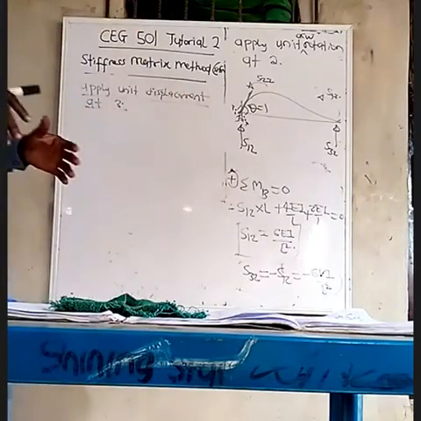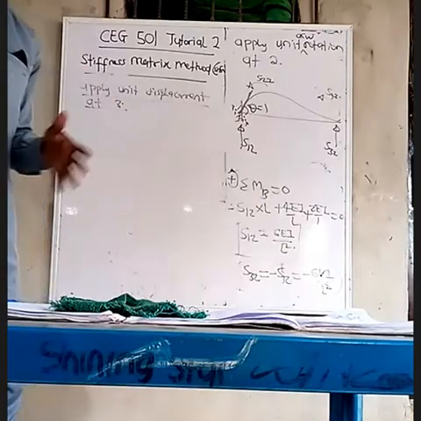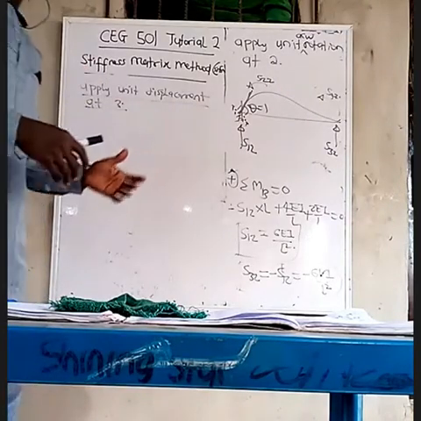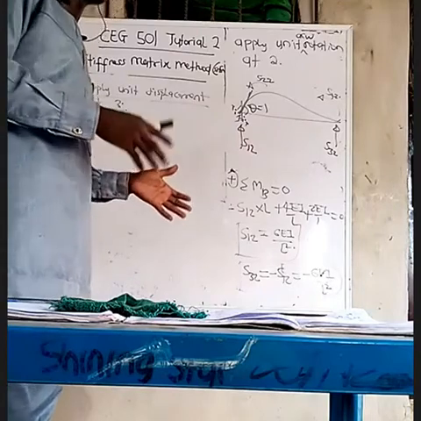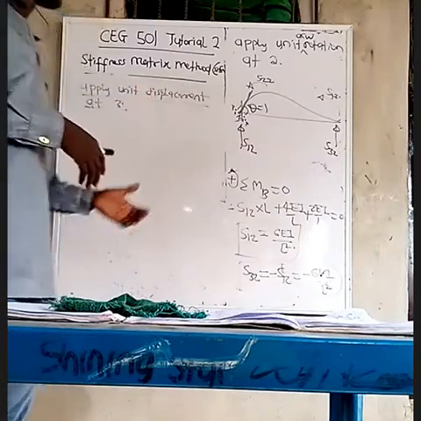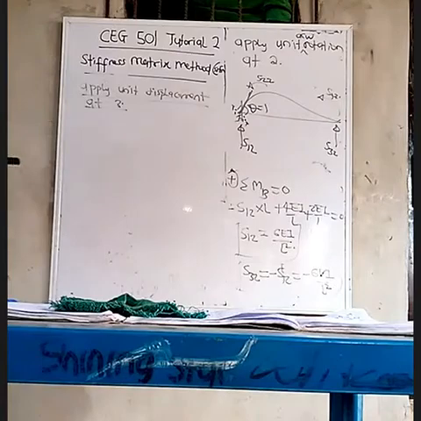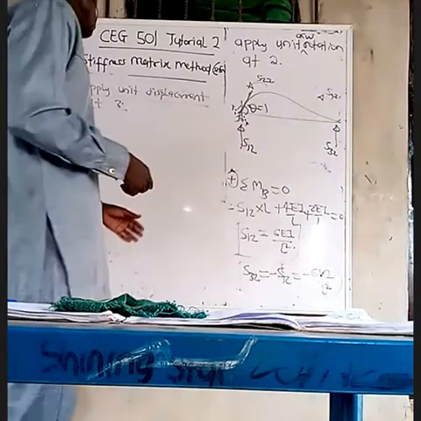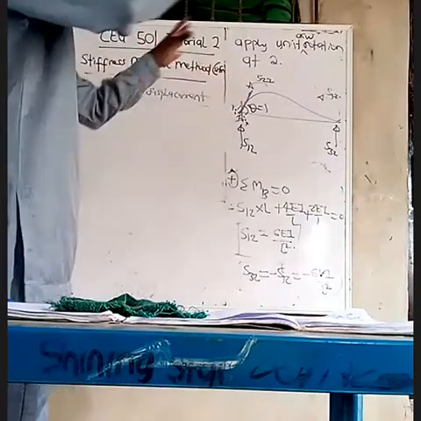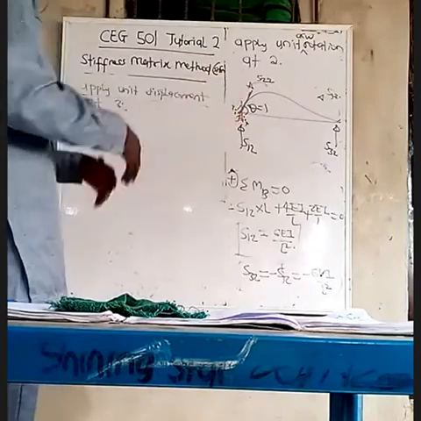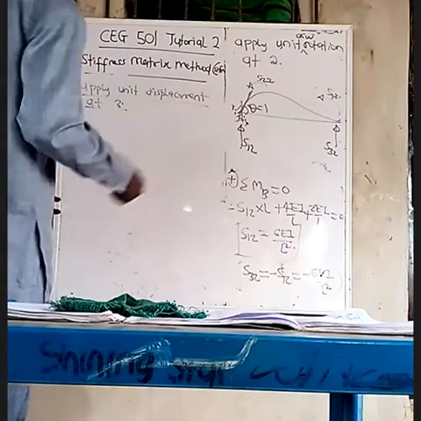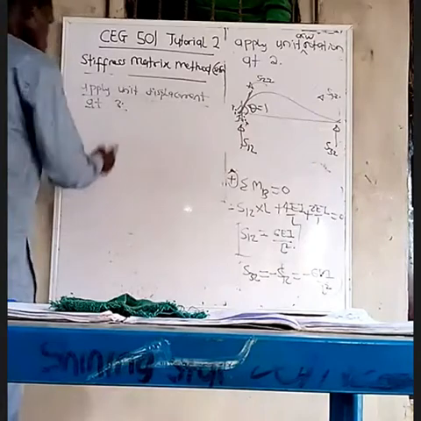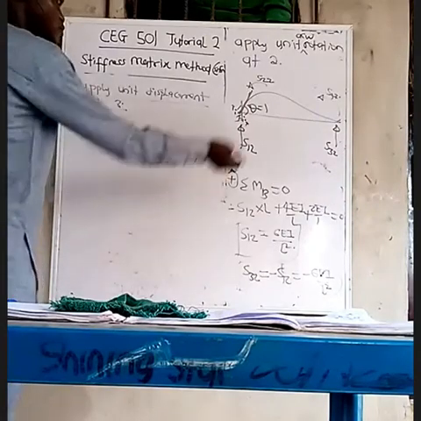What we are trying to get is the stiffness matrix. Just like the topic is stiffness matrix method. It is that stiffness matrix that we are going to apply to obtain everything that we don't know, like the deflection and the force. So that's why we are trying to generate a stiffness matrix for the whole structure, which you are going to see.